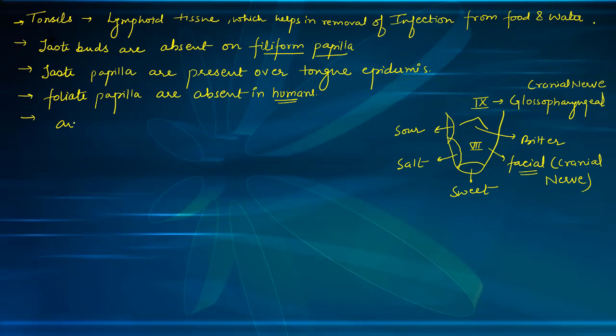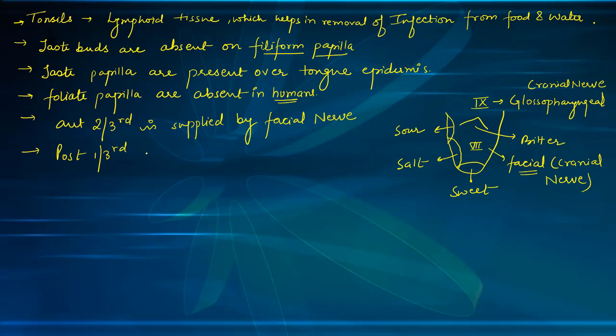The anterior two-thirds of the tongue is supplied by the facial nerve, and the posterior one-third is supplied by the glossopharyngeal nerve. There are no taste buds for chilies.